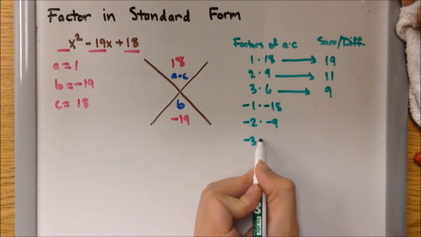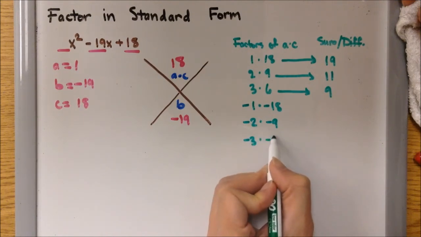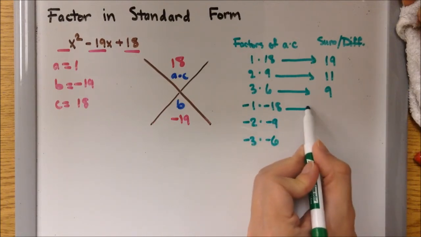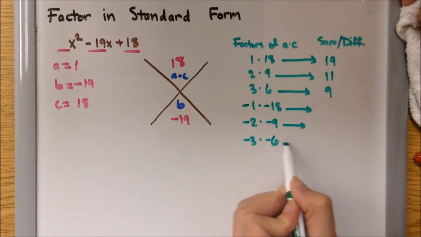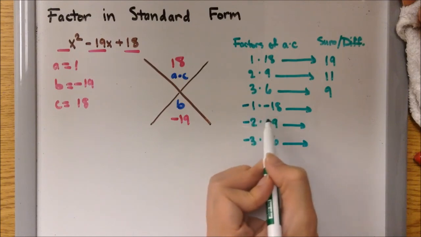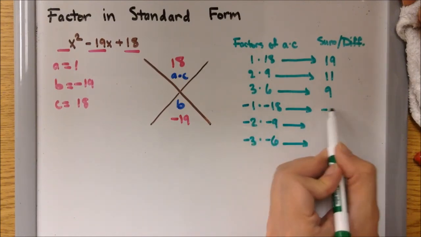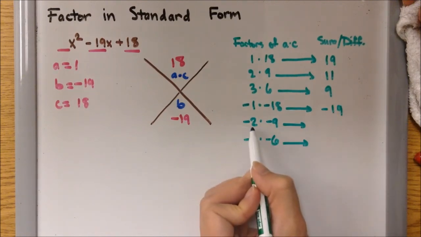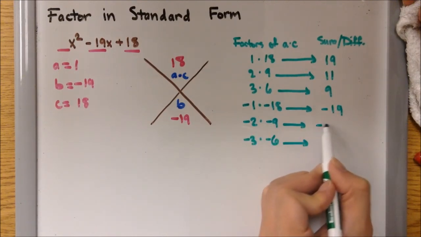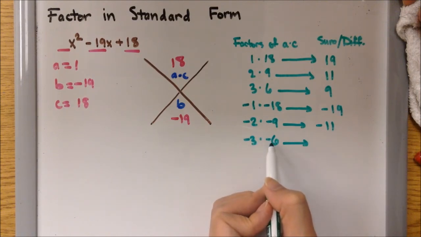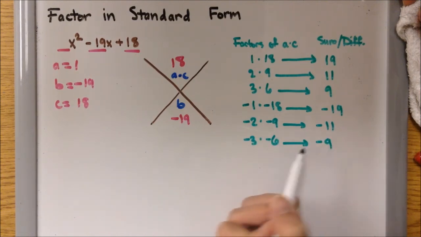Negative 3 times negative 6 will also give you positive 18. Next, we're going to combine our factors together. So negative 1 combined with negative 18, that will be negative 19. Negative 2 combined with negative 9, that's negative 11. Negative 3 combined with negative 6, that will be negative 9.